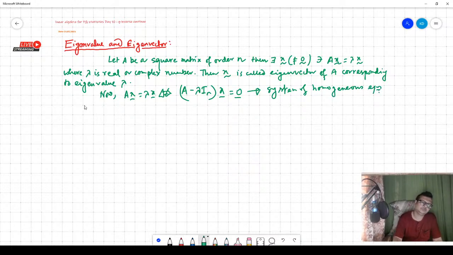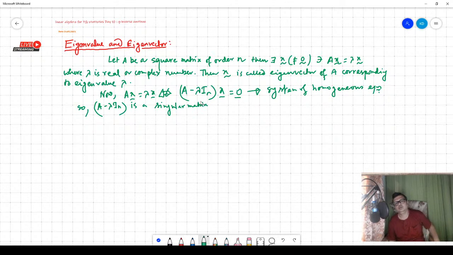So A minus lambda I is a singular matrix because x is a non-zero vector, and therefore this system of homogeneous equations has a non-zero solution.